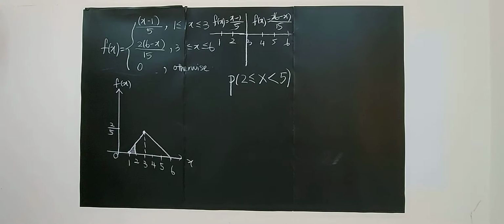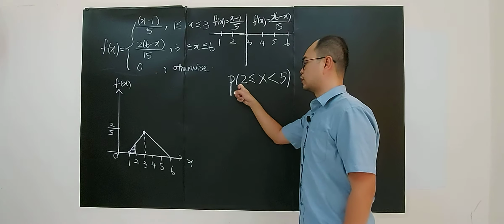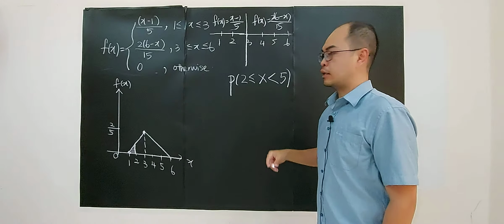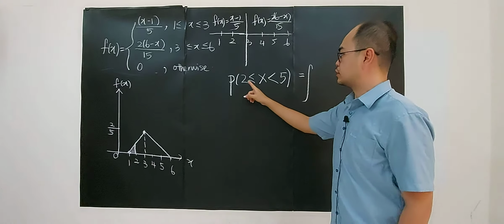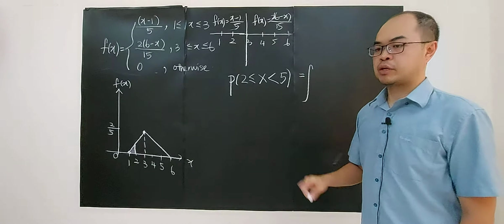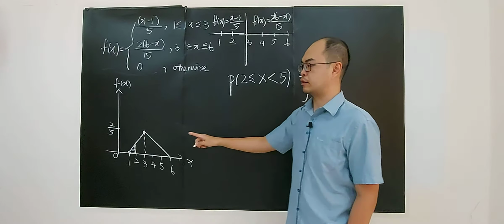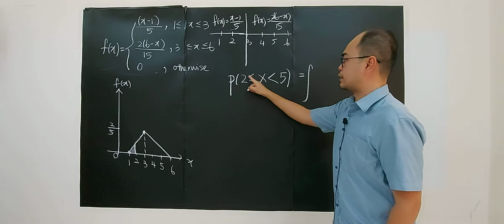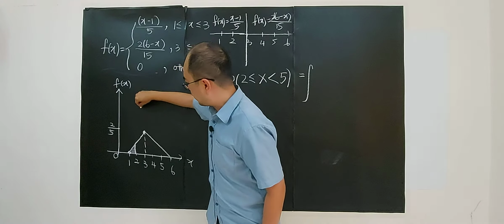Let's say they ask you to evaluate the probability of x between 2 and 5, including the 2. As I told you, with or without the equal is the same, the probability is the same. So you can just integrate from 2 up to 5, because for a continuous random variable we talk about the area under the graph. The area at equals 2 is a straight line, a vertical line, so there is no area.